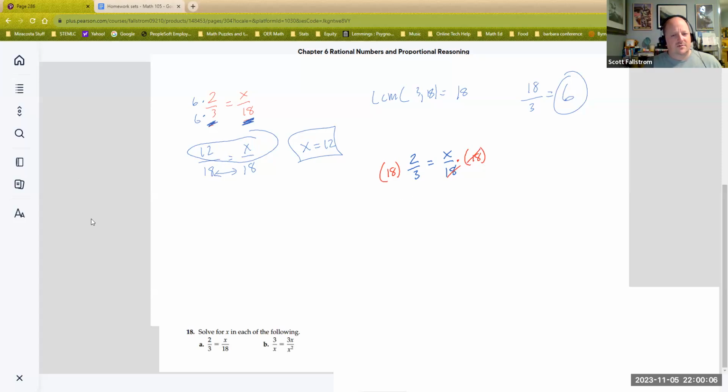Okay, so if you do that, then over here we just have x by itself. But back here, you could say, how many times does 3 go into 18? 3 goes into 18 6 times, and 6 times 2 is 12. So once again, same answer, but a slightly different method.